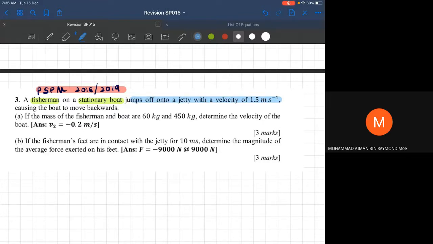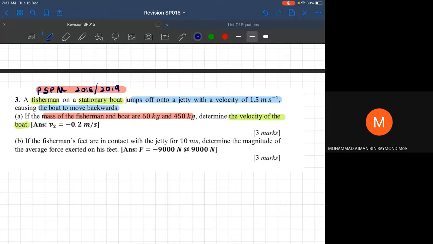This is Newton's third law, right. He goes forward, so the action is forward and then there is a reaction backward, okay. And then if the mass of the fisherman and boat are 60 kg and 450 kg, determine the velocity of the boat. Okay, so now let's first write down the quantities we have.